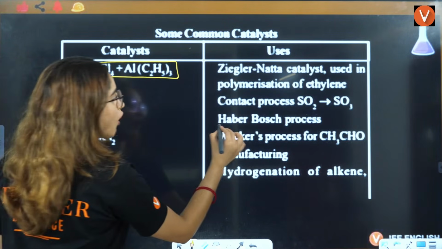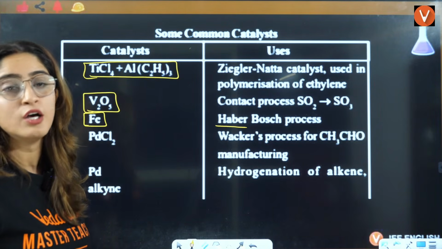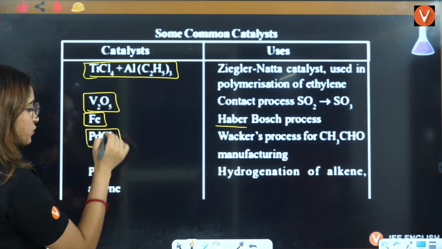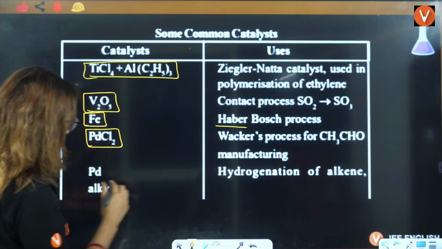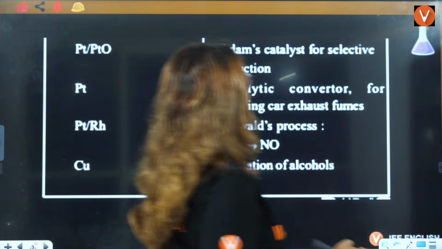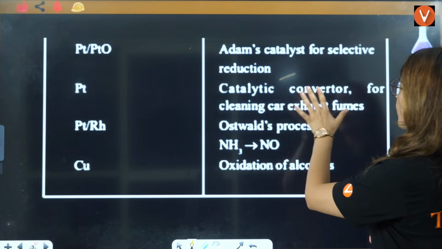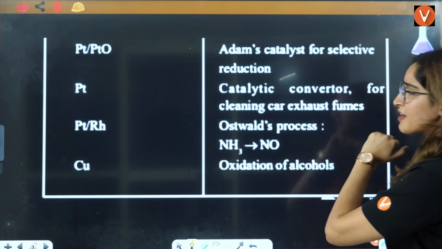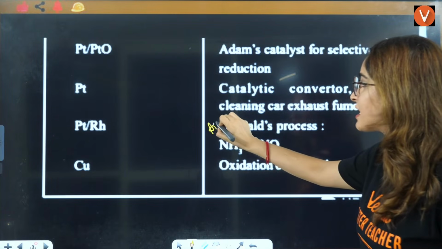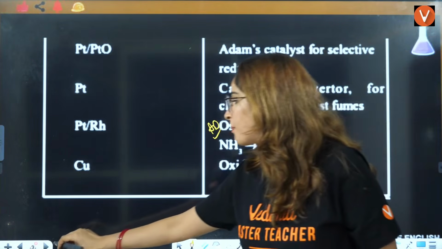In Haber-Bosch process, in the formation of ammonia, you use iron. In Wacker's process, you use PdCl₂, again a transition metal. Hydrogenation of alkene and alkyne, you use Pd. Then we have Adams catalyst for selective reduction, Pt can be used. Catalytic converter for cleaning car exhaust fumes, again platinum is used here. Ostwald's process, platinum can be used. Oxidation of alcohol, copper can be used.